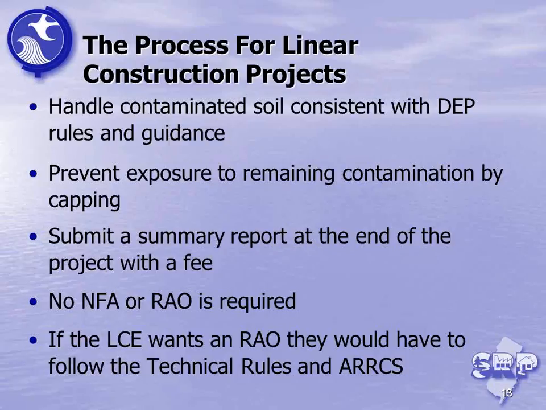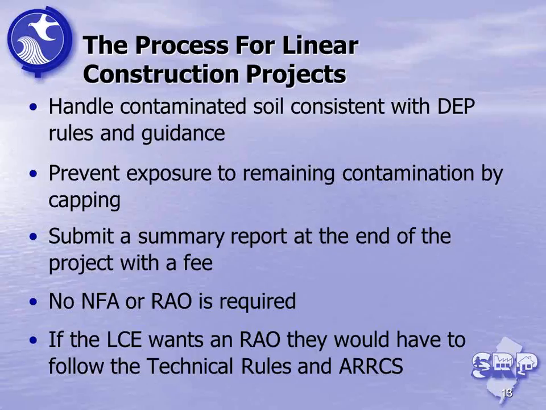No NFA or RAO is required for linear construction projects. Makes sense. If the linear construction entity, that's the abbreviation there, wants an RAO for the site or part of the site, they would have to follow the ARCS rules and the TEC rules.